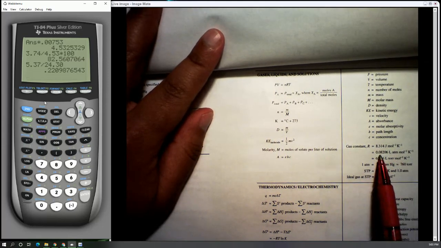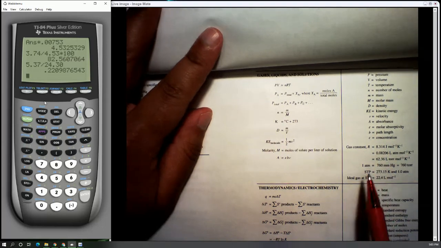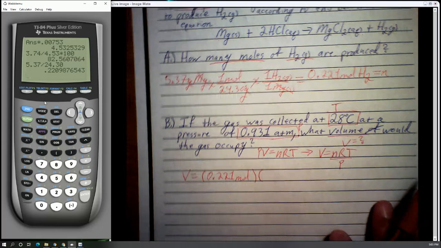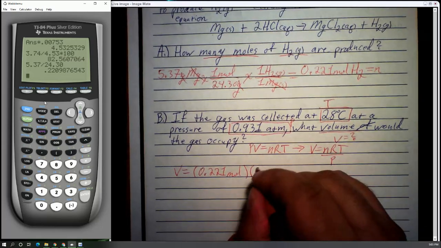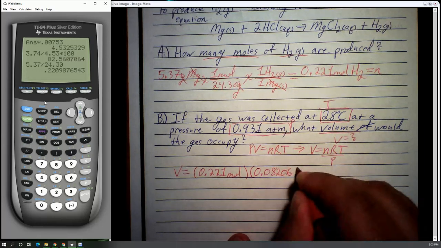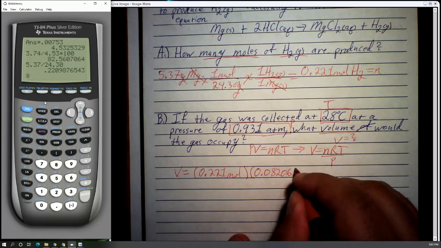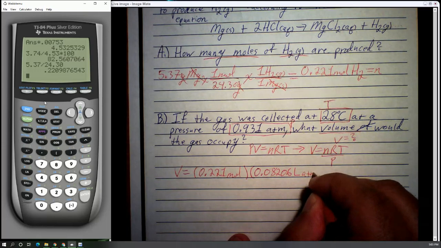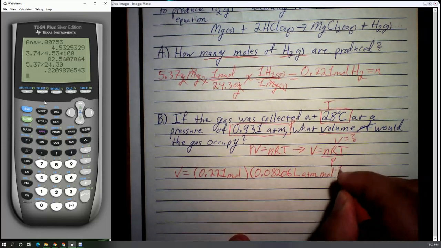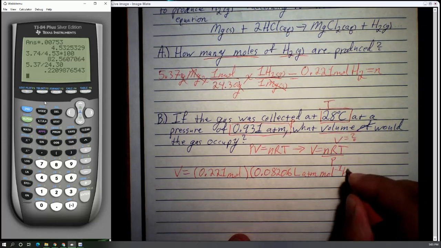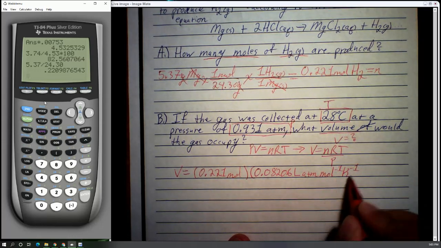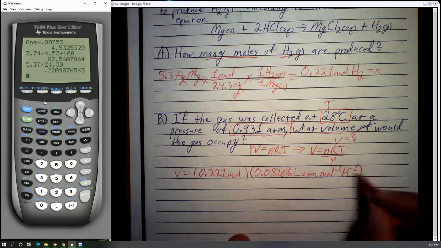So 0.08206, and that's got a bunch of derived units in it. It's liters, atmospheres per mole per Kelvin. I could have written this liters, atmospheres over mole over Kelvin, but I wanted to write it the way you'll see it on the exam.